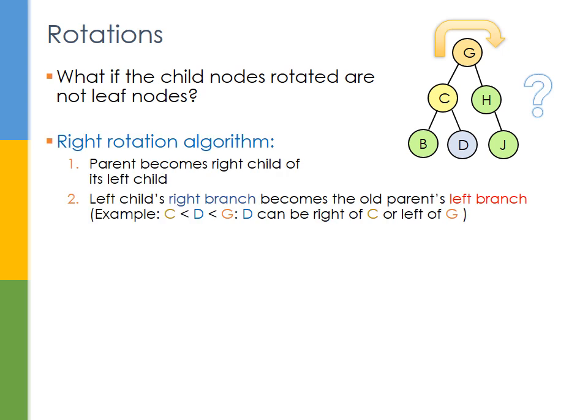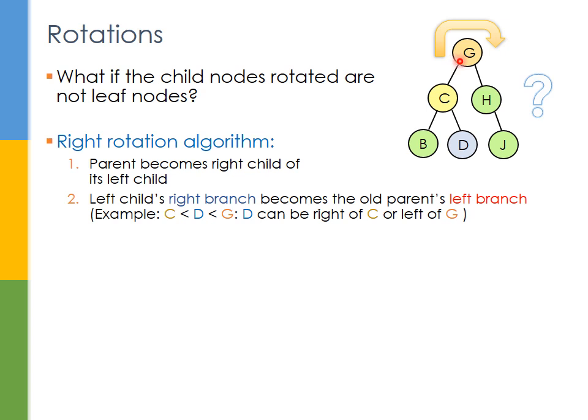So let's look first of all at the right rotation algorithm. And the first step is exactly as we saw on the previous slide. So the parent becomes the right child of its left child. In other words, G then becomes the right child of C. But now we need to deal with D. So the left child's right branch, which will be just the node D over here, but if there are children under D, it would also include those, then becomes the old parent's left branch.